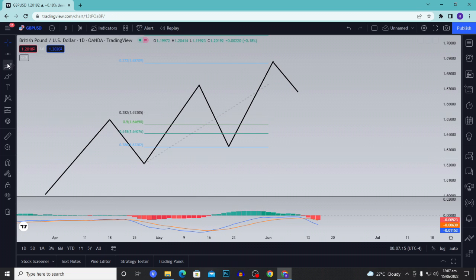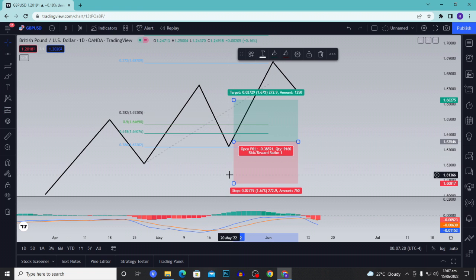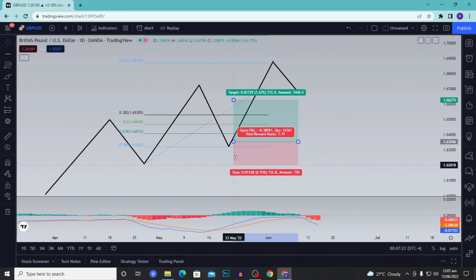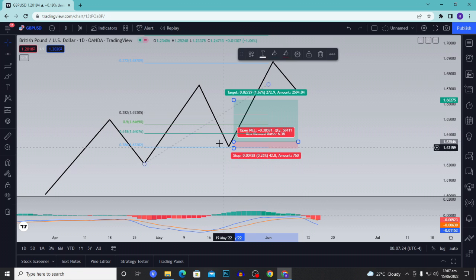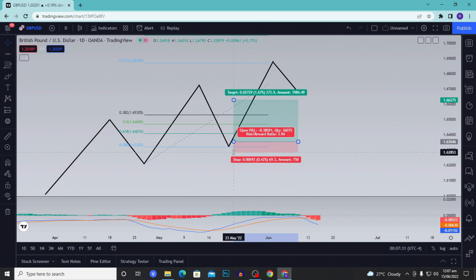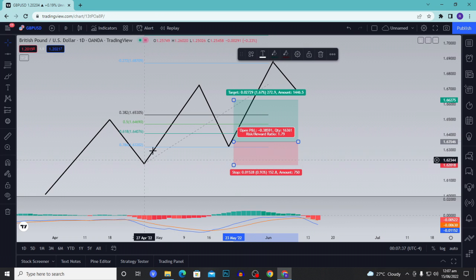Well, your stop loss now, so you entered here, will be either below the end of the retracement or the previous low right here, or below the beginning of the impulse move that we traded off of. One of the two.